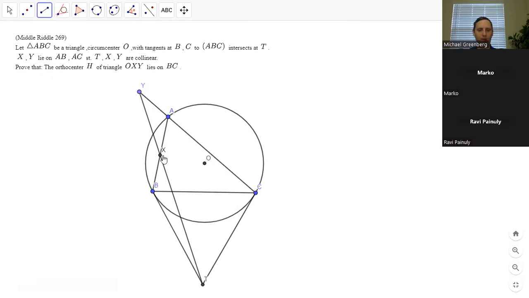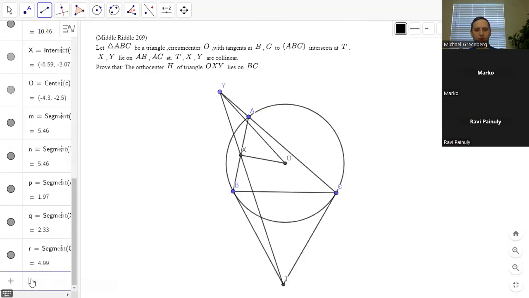And here's triangle OXY. And let's draw the orthocenter of it. I'll call it H. There we go.